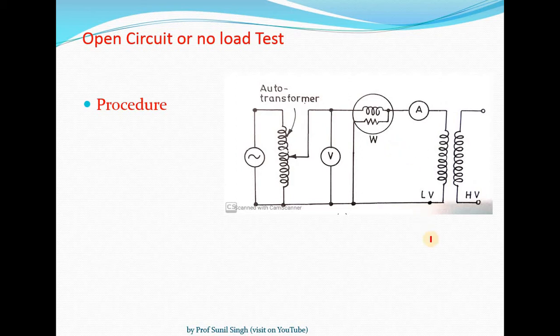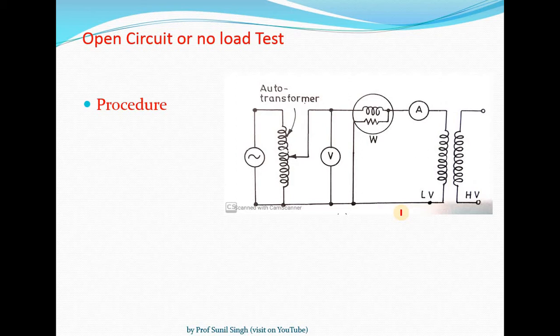In this transformer, two windings are there, low voltage winding and high voltage winding. We'll not call them primary or secondary, because before connecting the transformer or putting it into operation, we cannot say which is the primary and which is the secondary.